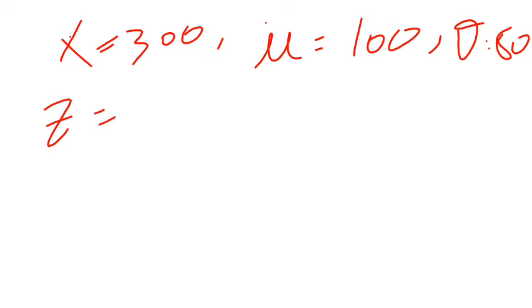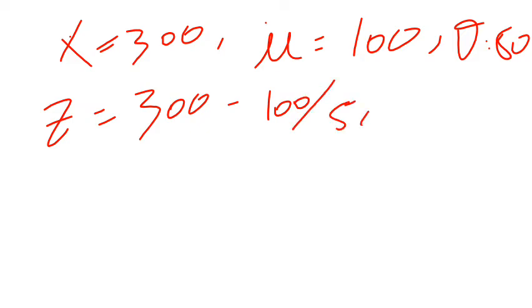When you transform into z units, 300 minus mu divided by 50, so it is 4. So when x is 300, our z is 4 units. This is how we transform x variable into z variable.